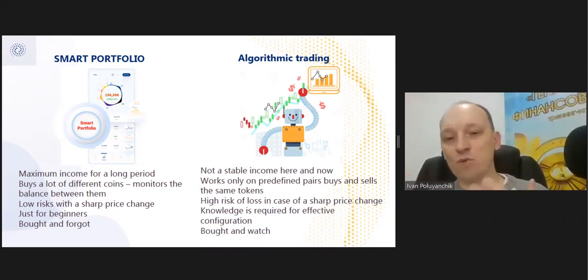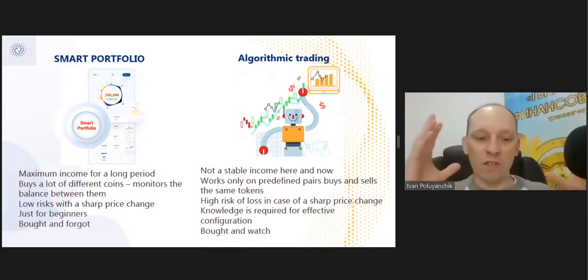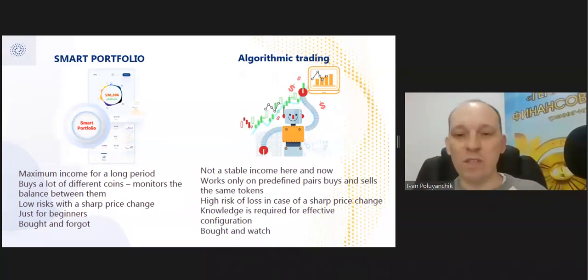Whereas you have to constantly monitor the trading bot, constant vigilance. You have to top up your deposit all the time if it spent too much money. Whereas a smart portfolio, even if the cryptocurrency market falls by 50%, it doesn't care. It will reallocate the funds and that's it.